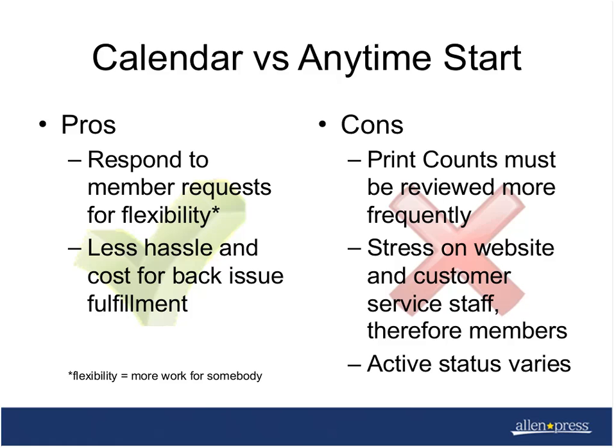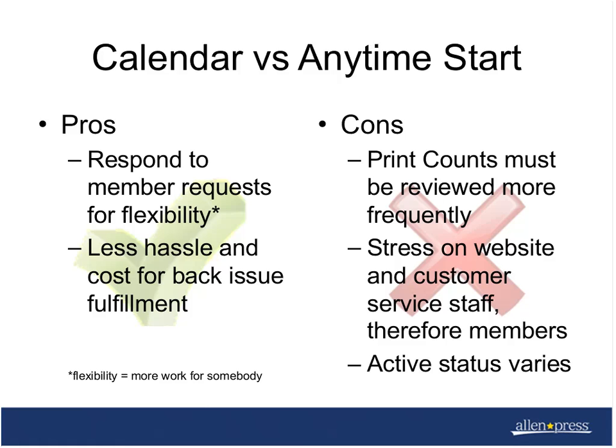Please do know that such a switch will result in an increase in customer service. The membership count will be more volatile, resulting in deep analysis for print costs for each journal mailing. Most membership databases are capable of handling the anytime start model, but is your e-commerce website?